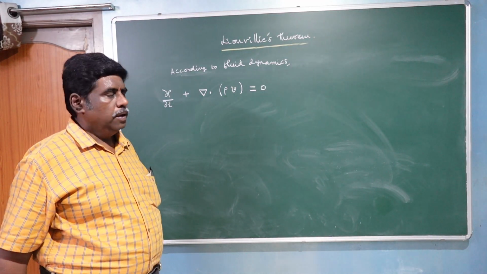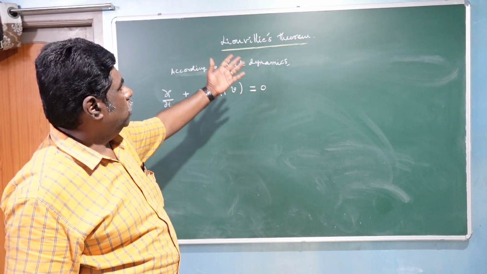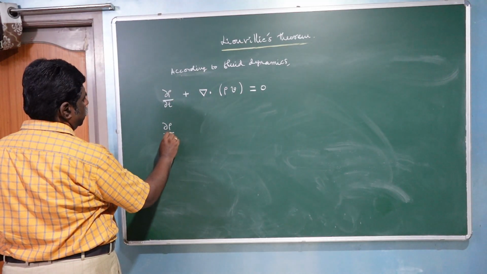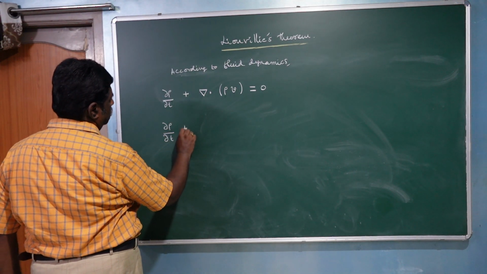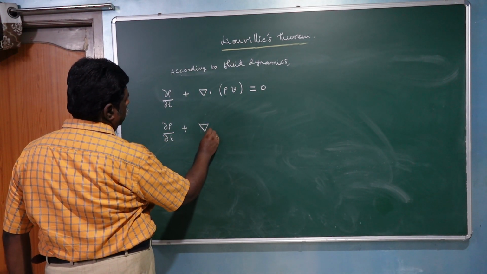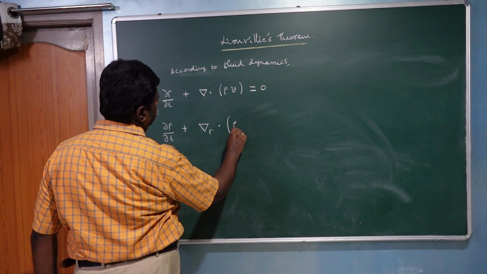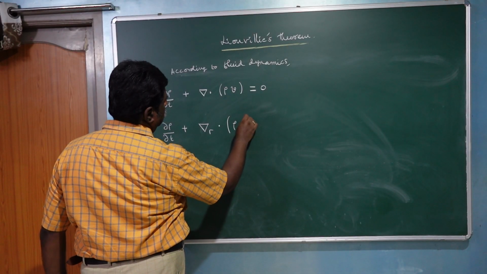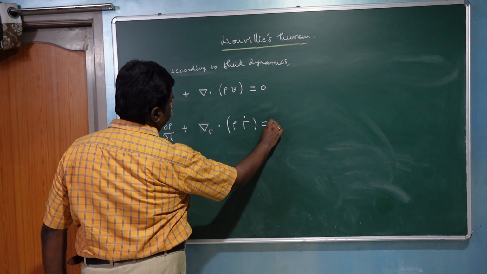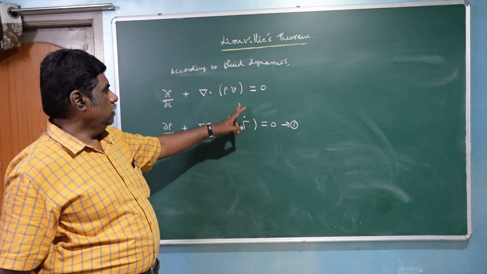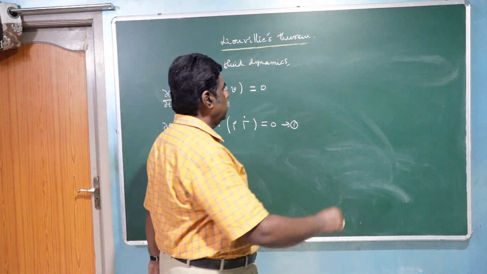Now we have to develop a new continuity equation for our Liouville's theorem. It is dou rho by dou t plus del of rho gamma dot, which is equal to 0. Say this is equation number 1. Here velocity is replaced by gamma dot.